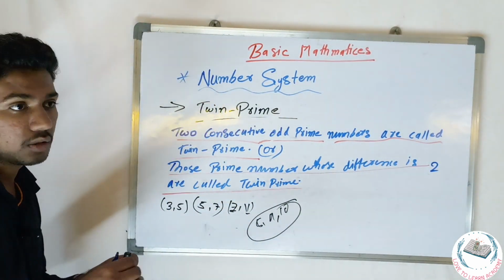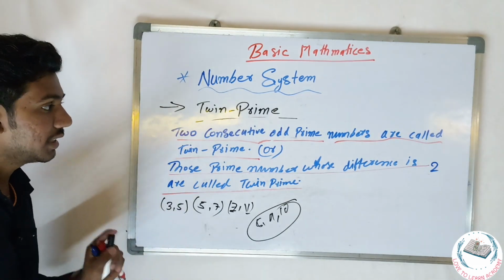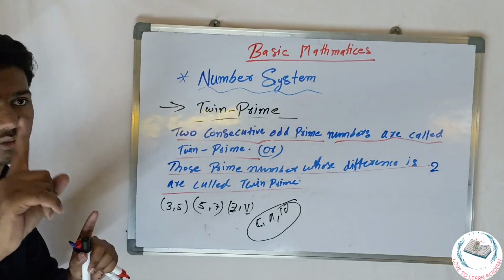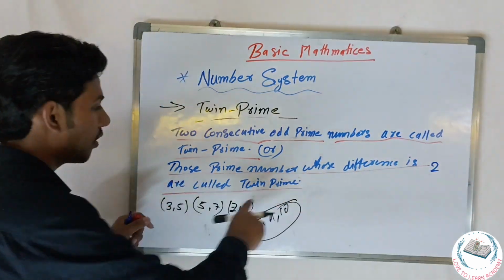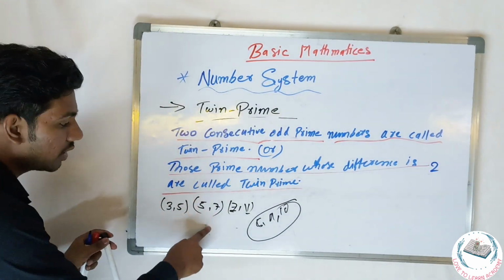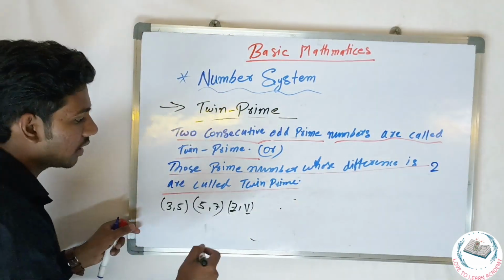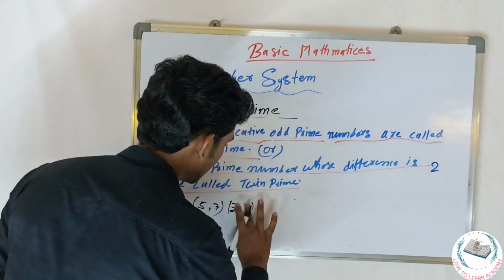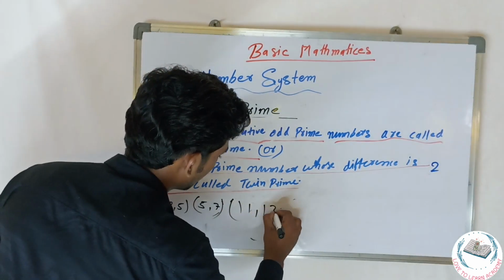Twin prime numbers means both numbers are prime, and the difference between them is only 2. So if I take 7 and 9, it will not be a twin prime. Let's take the example of 11 and 13. So 7 and 9 will not be, but 11 and 13 will be.